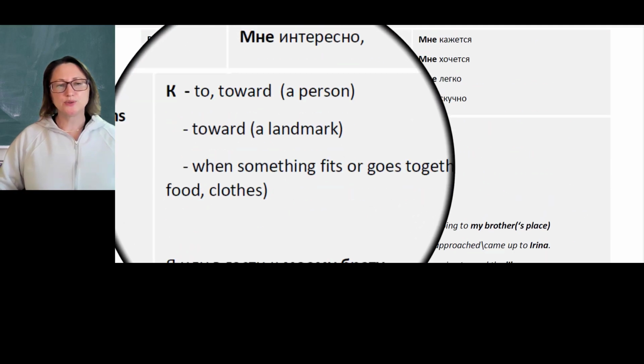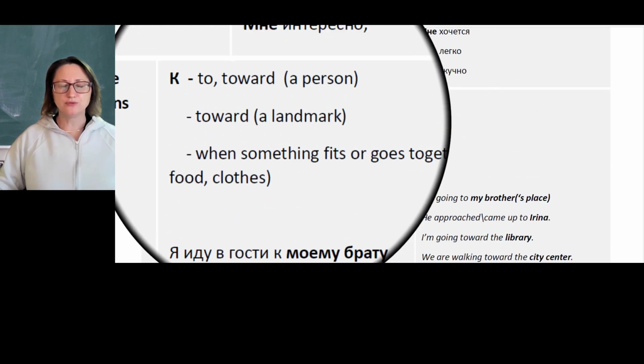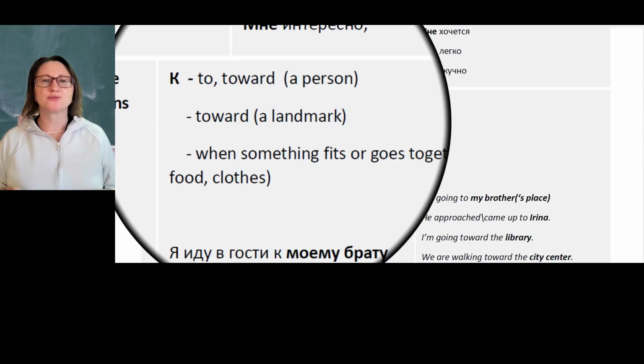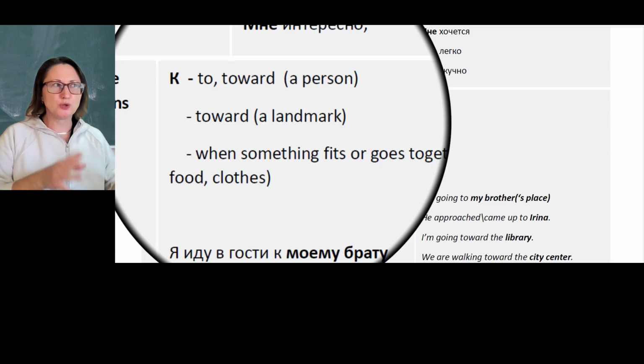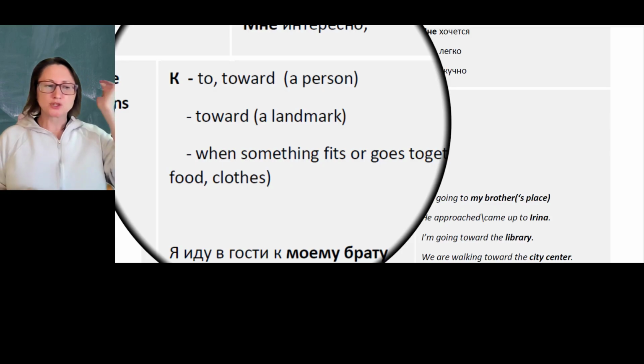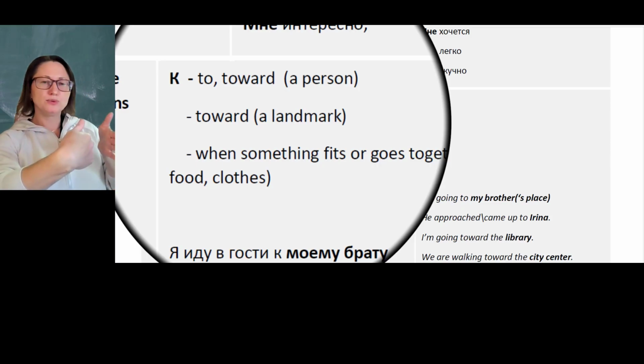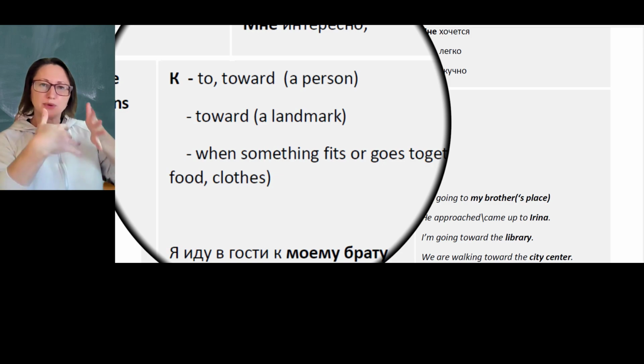So you already know the preposition к from before, because we looked at it in the basic 3 contexts for dative, and I went into a lot of detail explaining that it's going to a person's place. Whenever we're going to a person's place, we use к plus dative, or a place of work. But remember I also said it means just toward, where you come up to a person or a landmark, and that's it.